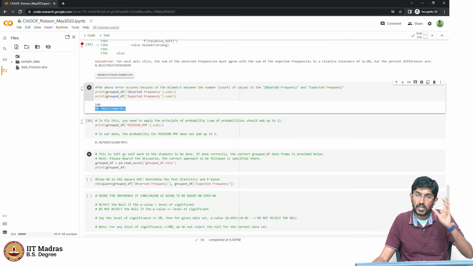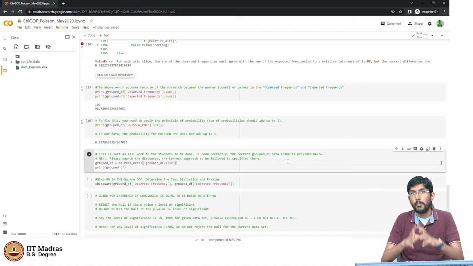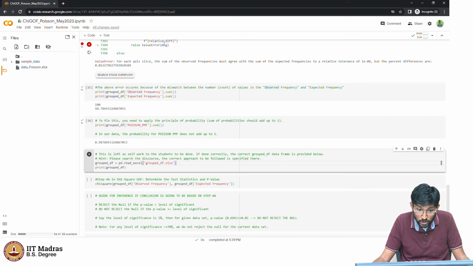The fix or the correct method for this problem has been discussed in the discourse. Please go have a look at it and implement that here.